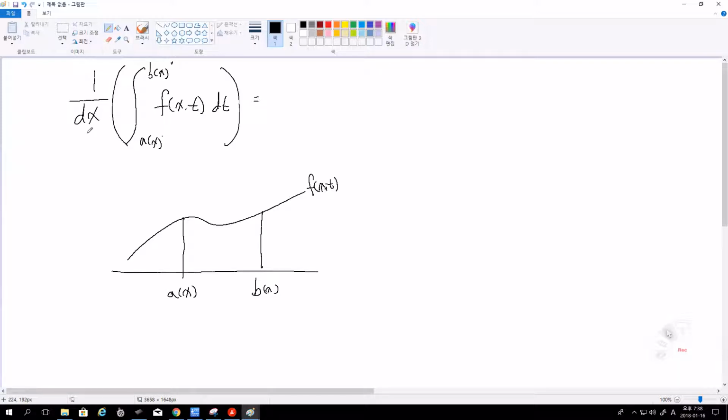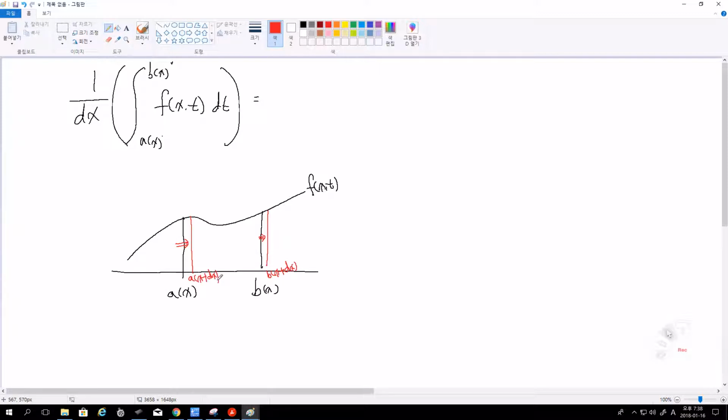When x changes, this one moves slightly, right? When x changes to x plus dx, this one moves this way, which is a(x plus dx), right?